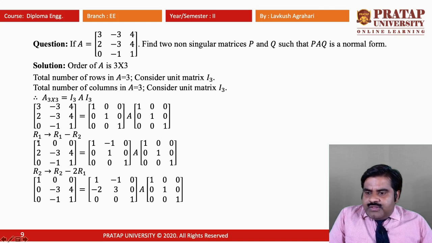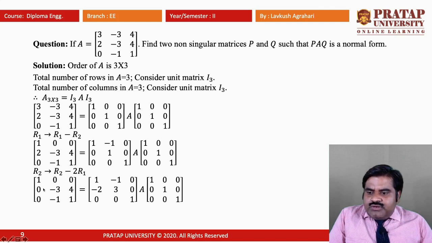So the first operation is R1 is replaced by R1 minus R2. By this the elements of row 1 are 1, 0, 0 and the rest of the elements are unchanged. This is a row operation, so it is reflected in the matrix on the left hand side of A, with no change in the matrix on the right hand side of A. Another transformation is R2 is replaced by R2 minus 2R1.